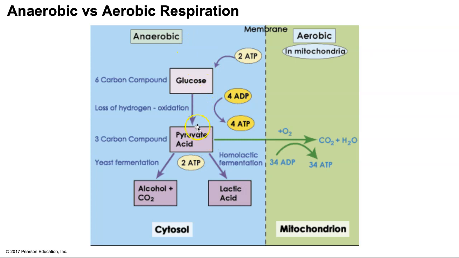But if we do have air present, there are some organisms that can do both. They're facultative anaerobes or facultative aerobes. So depending on what is present, they could use oxygen or not.